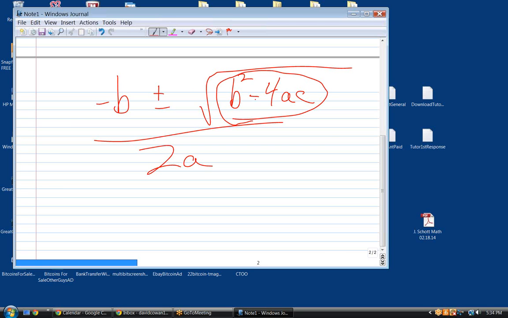If this thing is positive, they're going to be real. If it's negative, they're going to be imaginary. And if it's precisely equal to 0, there will be only one solution. That's also the vertex, the line of symmetry for the vertex of a quadratic. Minus b over 2a.